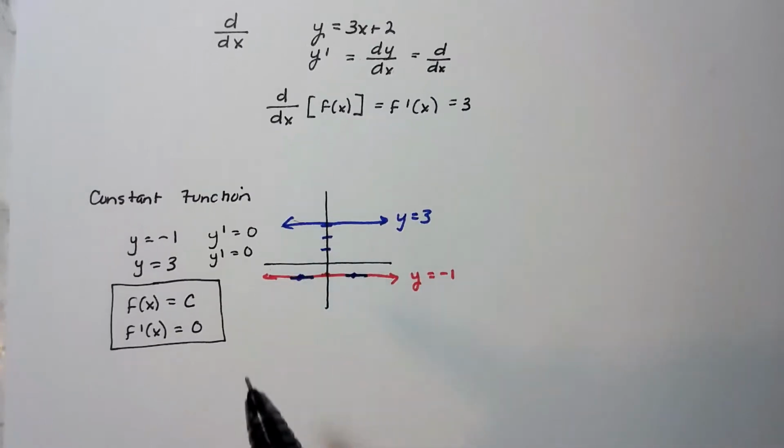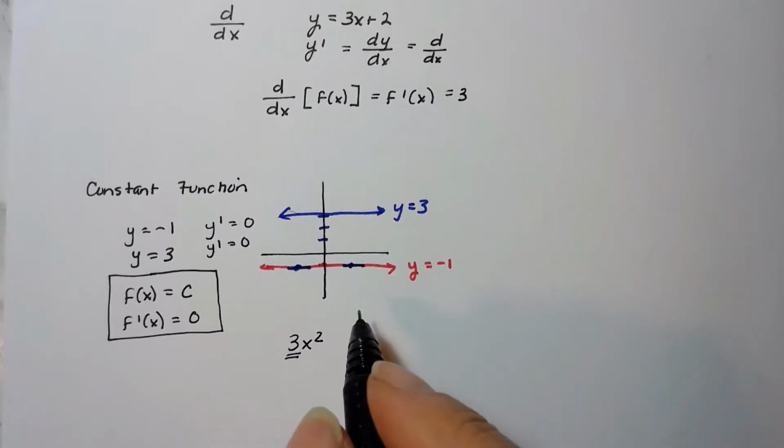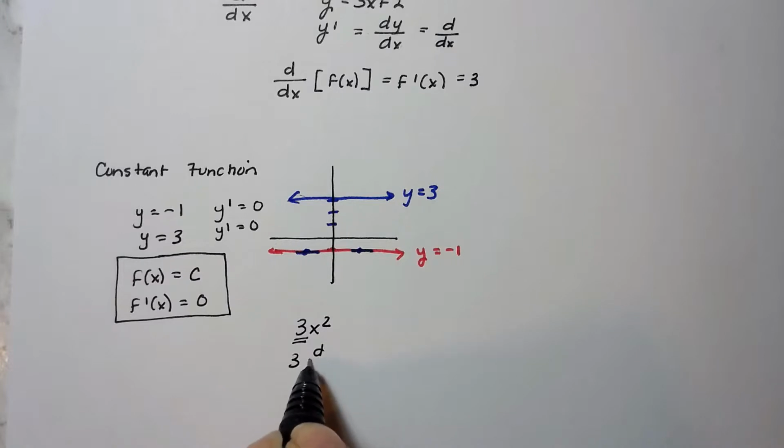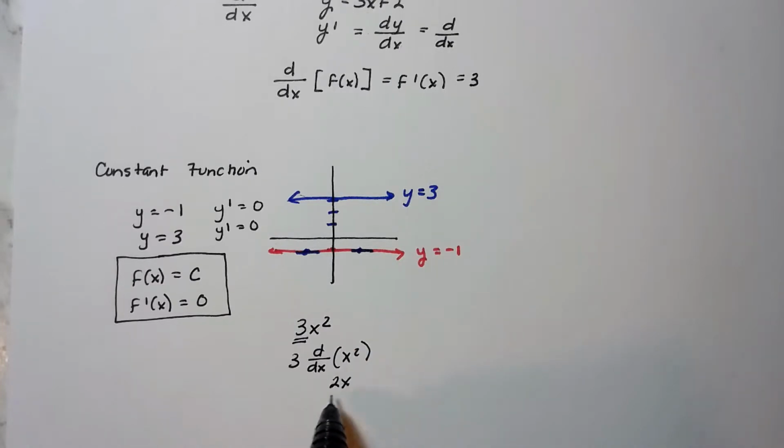But if you have something like 3x squared, well, this is a constant multiple. It's being multiplied to that variable. So you could say 3 times the derivative with respect to x of x squared. In other words, you're taking the derivative of the function part, which is 2x, as you now know, and then you're multiplying that 3 back in, so it'd be 6x.